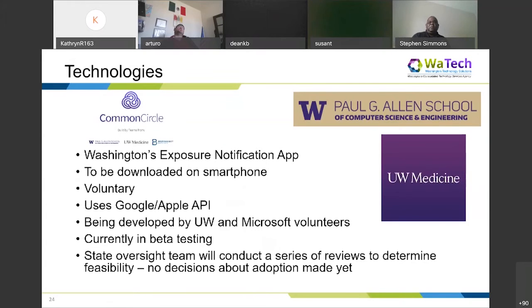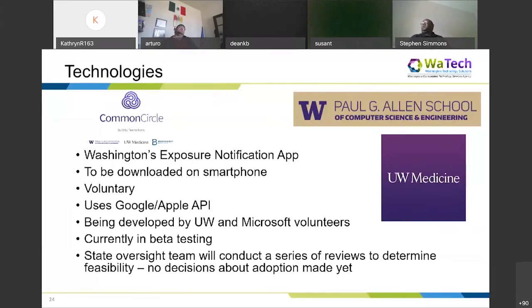So the Common Circle app is Washington's exposure notification app that's being developed with UW Medicine and the UW Computer Science School and Engineering. And this is the one that I think is getting a lot of press and attention, as are these types of apps, because of the nature of them being on people's personal devices and potentially collecting health information.